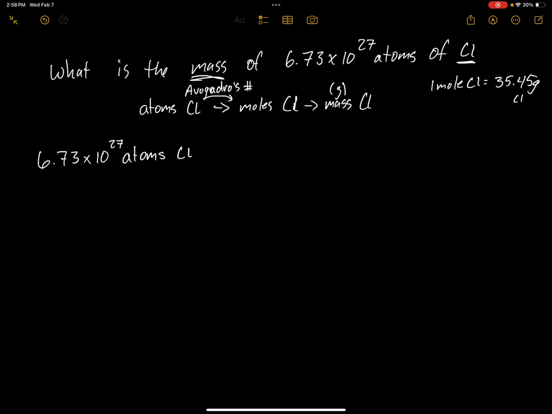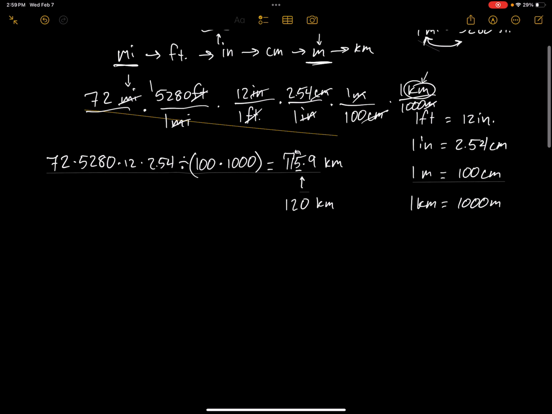And that's what tells us that there are 6.022 times 10 to the 23rd of anything in 1 mole, but since we're working with atoms, we're going to say that that's equal to 1 mole of chlorine.